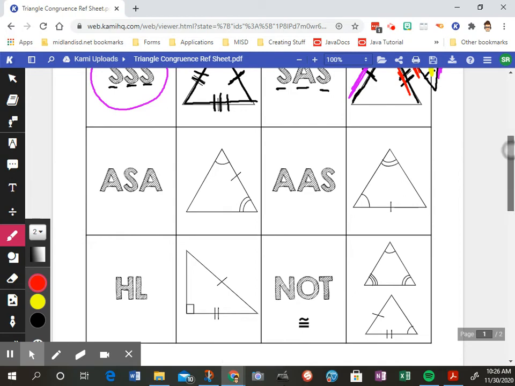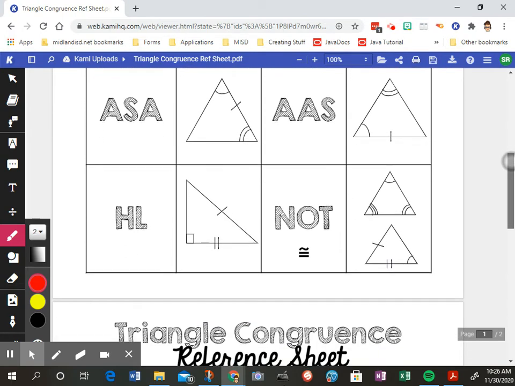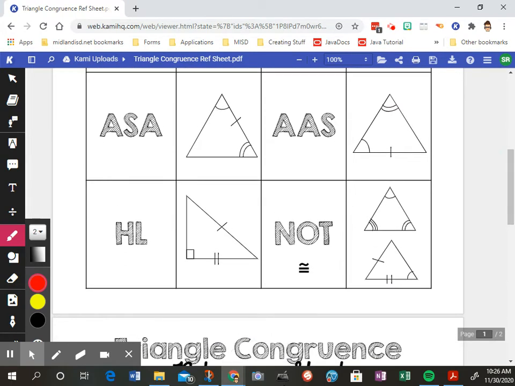Angle, side, angle. Whoops. This time the side is what's in between. A sandwich in between. So I have an angle right here. And then a side. And then another angle with the double bars.